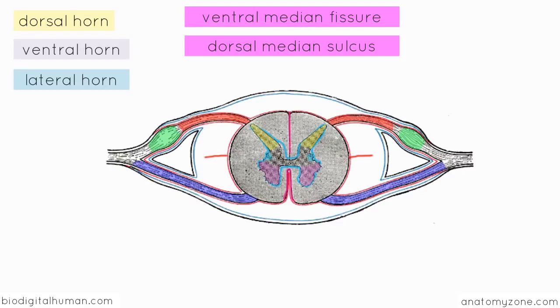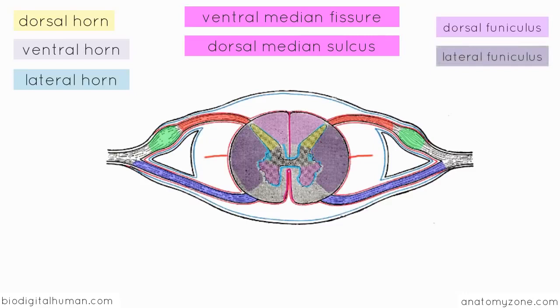So the white matter which lies outside the grey matter can be broken into three regions in relation to these fissures and sulci and the horns of the grey matter. So between the dorsal median sulcus and the dorsal horn you've got the dorsal funiculus, and then between the dorsal horn and the ventral horn you've got the lateral funiculus, and then ventrally you've got the ventral funiculus between the ventral median fissure and the ventral root.